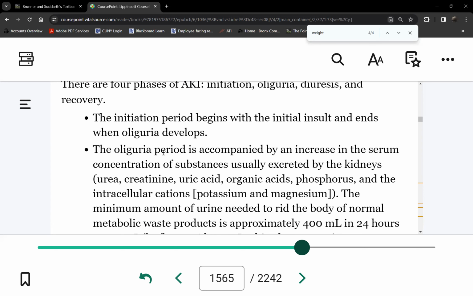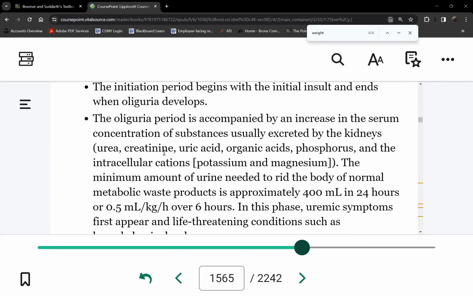So when oliguria develops, what is oliguria again? Urine less than 400 ml. Right. So why did the kidneys go into oliguria? What are they trying to do? Are they working? No. Remember the definition of AKI is sudden cessation of urinary function. So this is the initial reaction by the kidneys in response to injury.